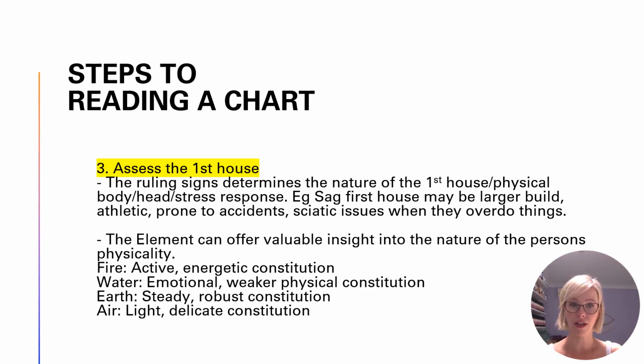The ruling sign of the 1st house determines the nature of the 1st house of physical body, head, and stress response. For example, a Sagittarius 1st house may have a larger build because of the Jupiter rulership, expanse of big Jupiter. They may be athletic, prone to accidents, sciatic issues when they overdo things. So this is all in response to stress.